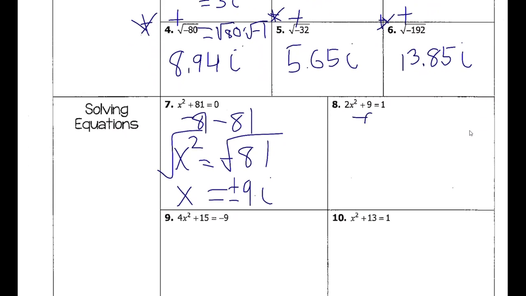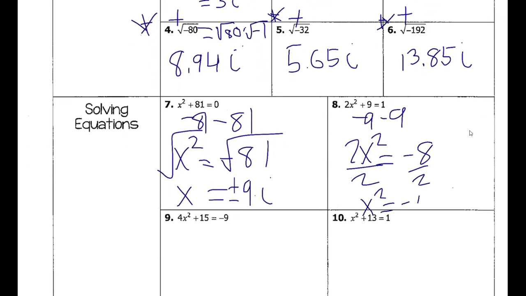So same idea here, these subtract and solve. Notice I have it equal a negative 4. So I know when I square root this, I'm going to get an I in my answer. So this would be plus or minus 2I.